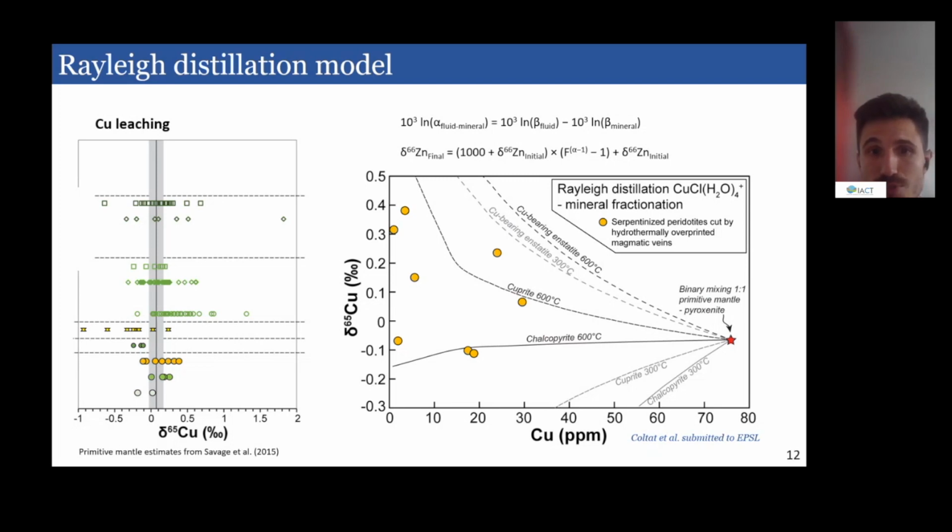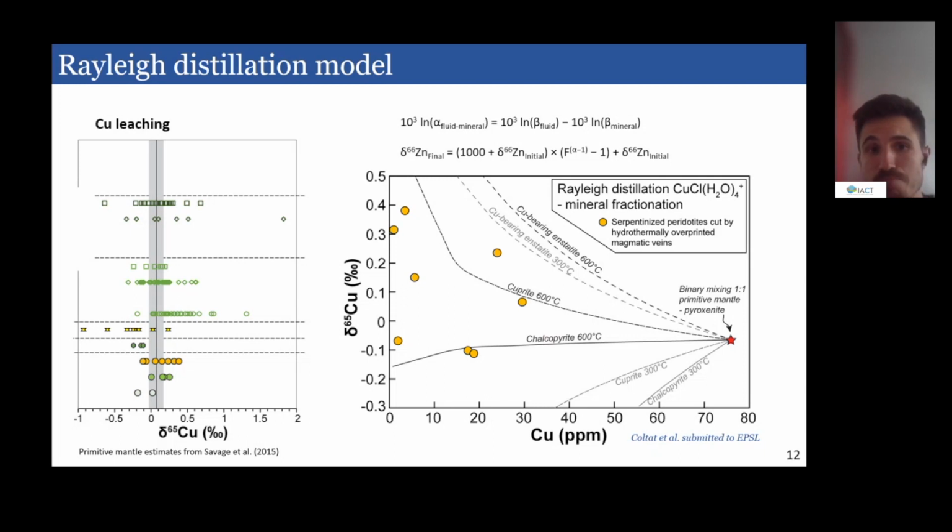What we observed is that if we consider fluid-rock interaction at low temperature, 300 degrees C, we cannot reproduce the geochemical composition of our samples. While if we consider fluid-rock interaction at higher temperature, 600 degrees C, and if we consider that the copper derived from both chalcopyrite and cuprite, so from both copper sulfides and copper oxides, we can nearly reproduce the geochemical composition of our serpentinized peridotite cut by magmatic veins.